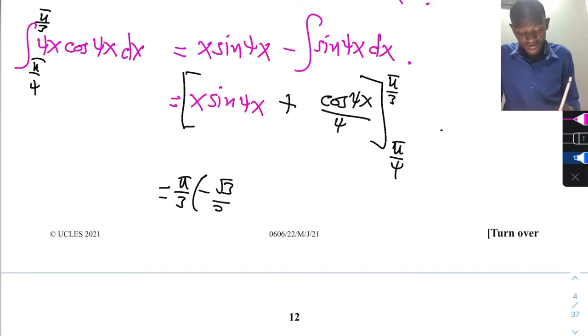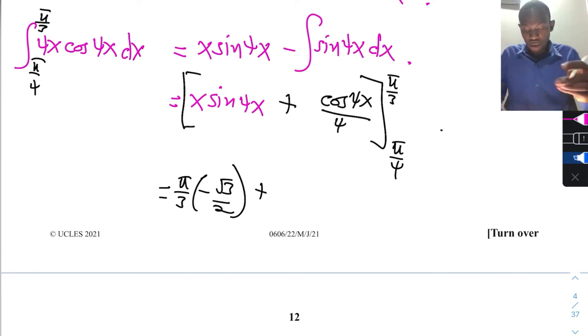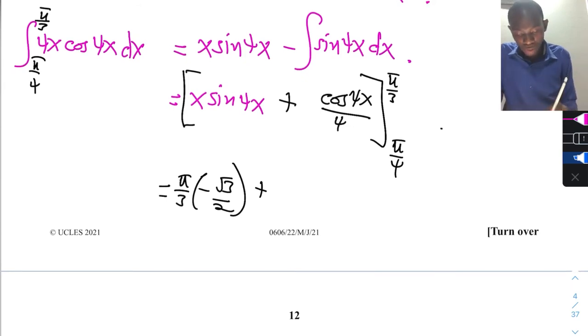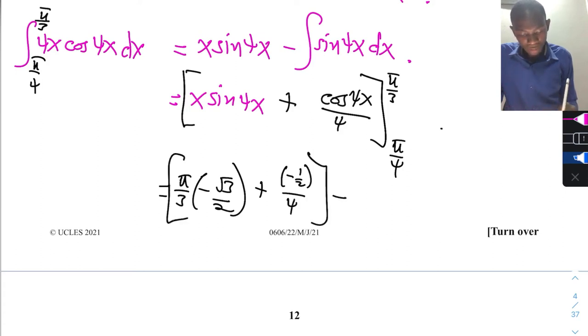Then I have plus cos 4 pi on 3, and that, ladies and gentlemen, will give me negative half. So I have negative half over 4 here. I'm done with the first one.